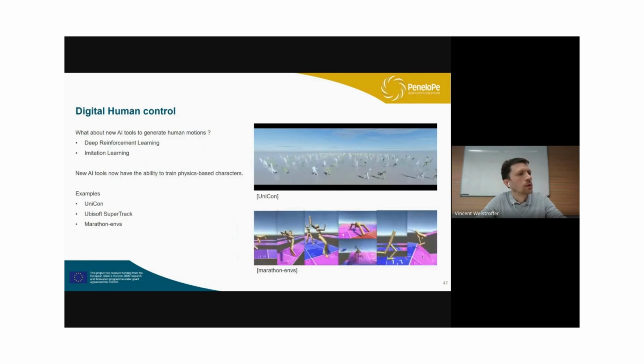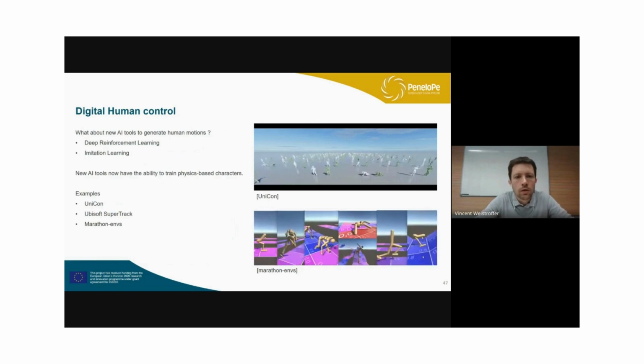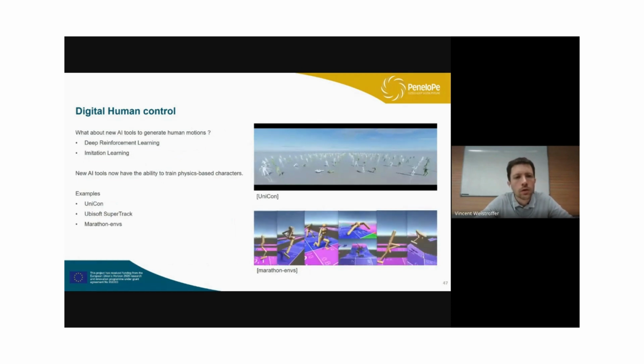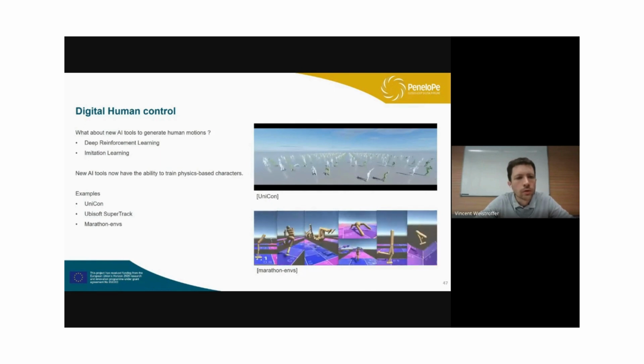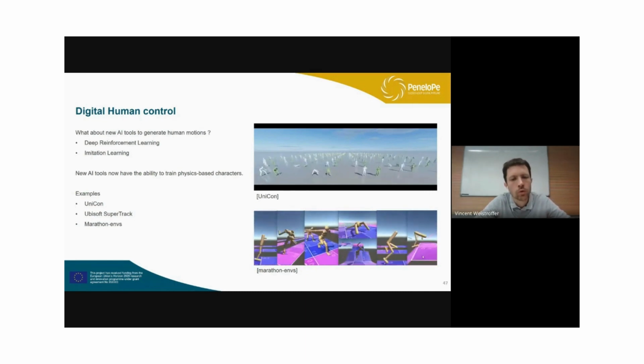There is also one last point. These are new trends now in virtual human animation. I give you some examples here about the Unicorn library, the Marathon Elms library also.